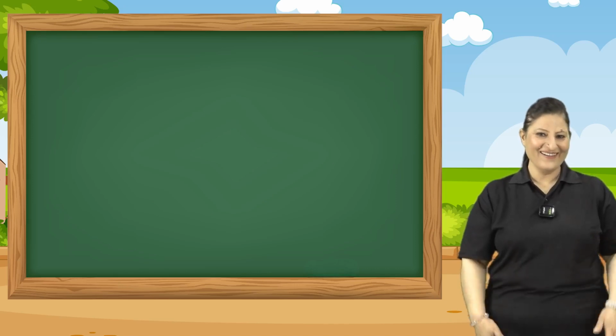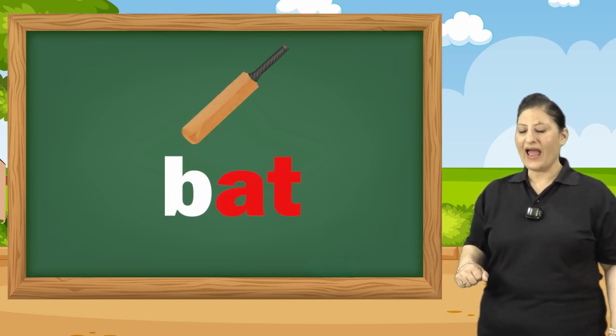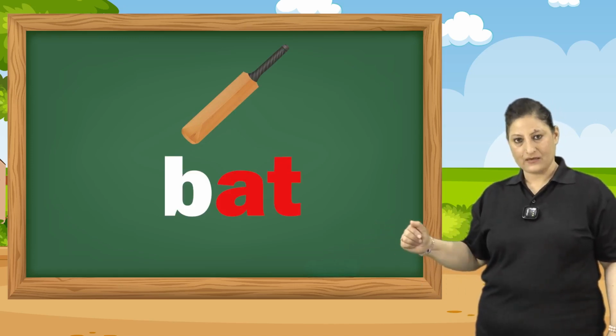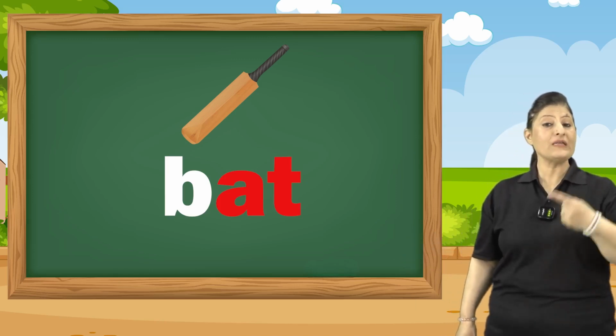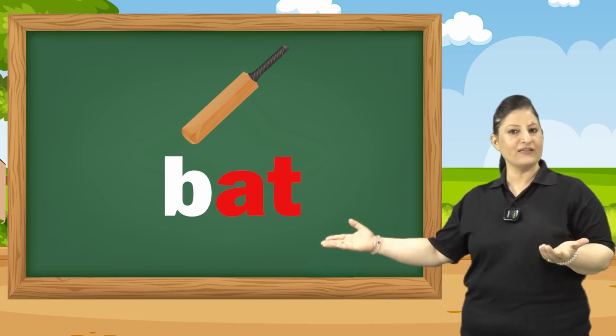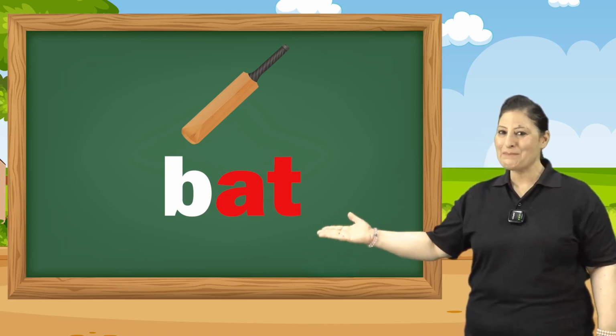Yeah! Now, let's put more consonants before at. B-A-T, bat. How? B says B. Children, keep on repeating the phonic sounds of the consonants or of the letters. B-A-T, bat.